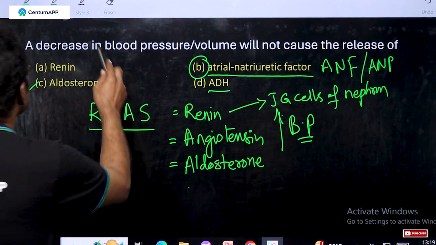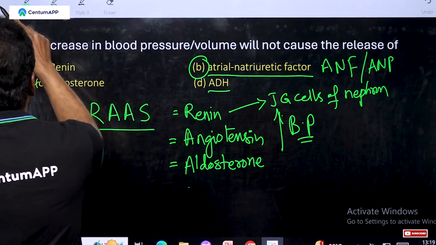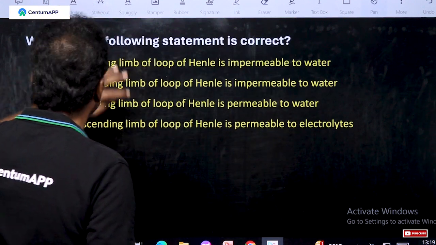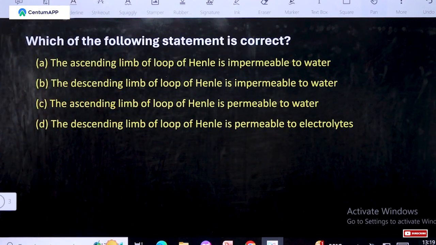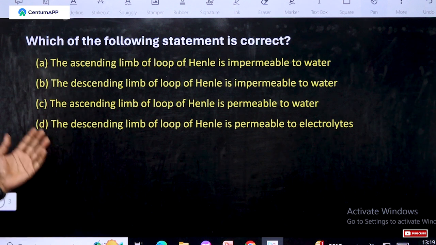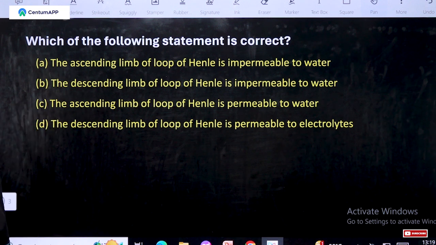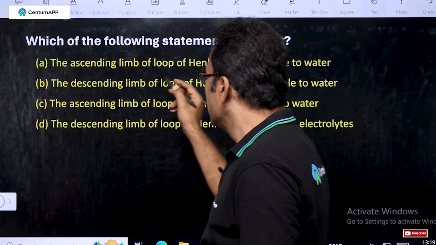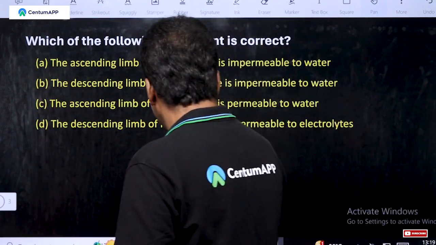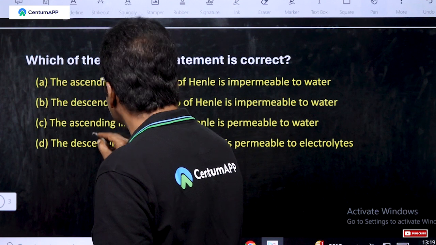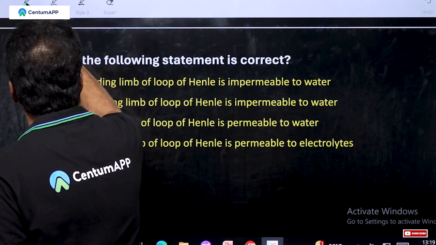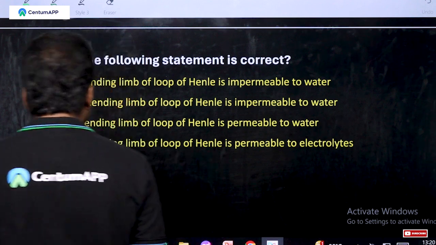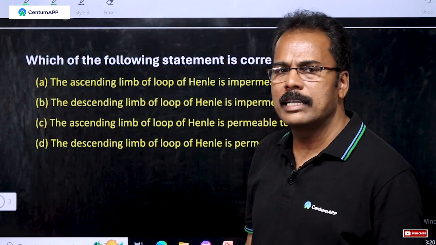The next question: which of the following statements is correct? It is related to Henle's loop. In Henle's loop, there are two limbs, ascending and descending.